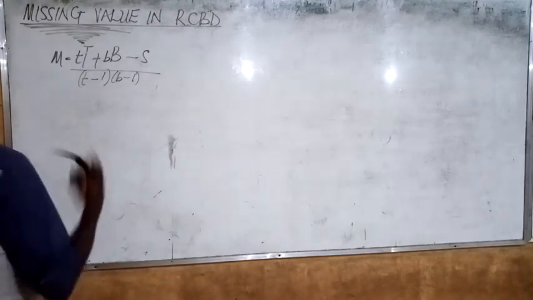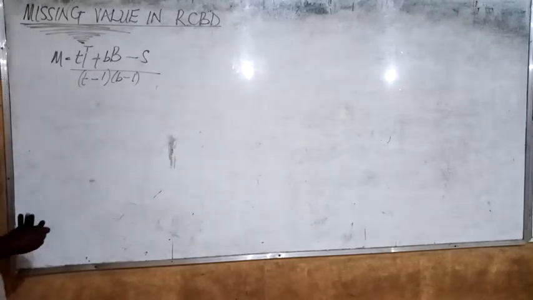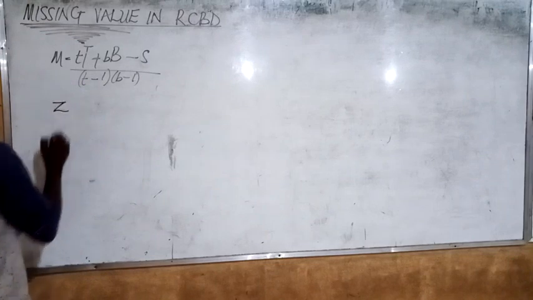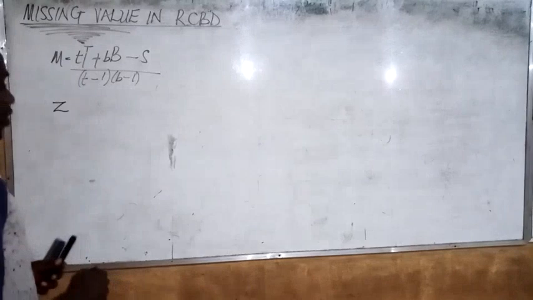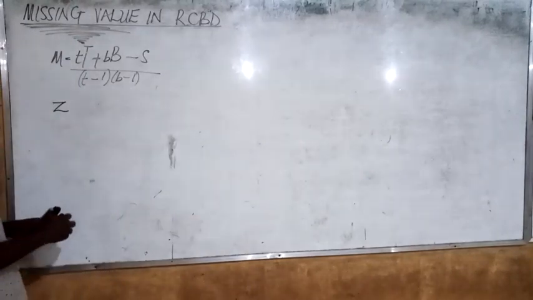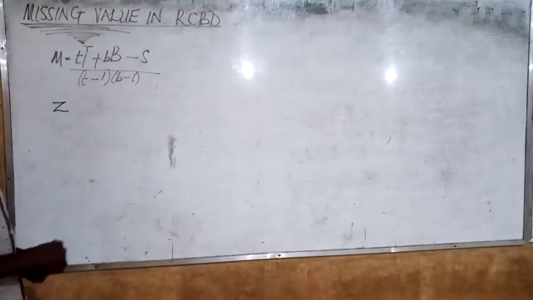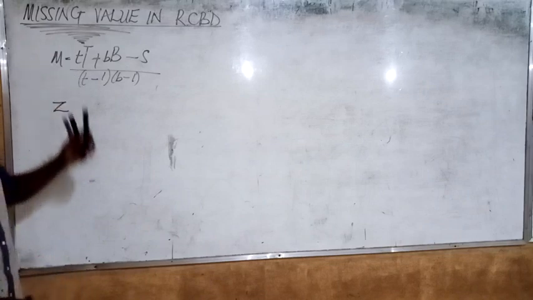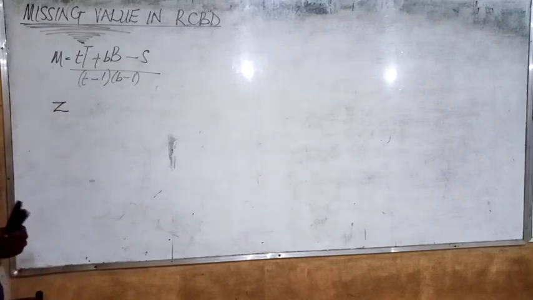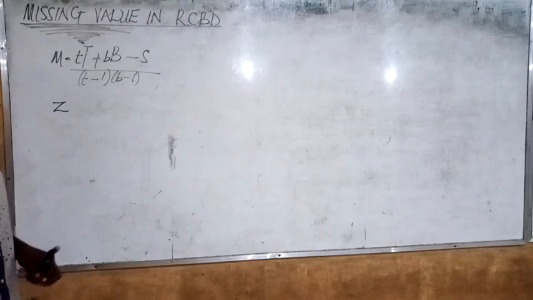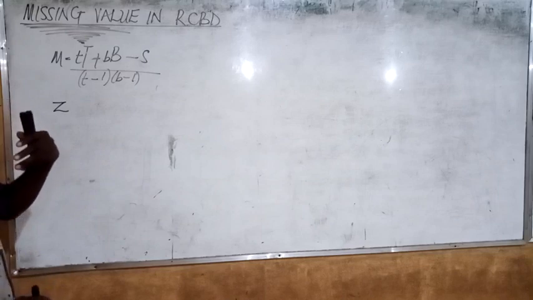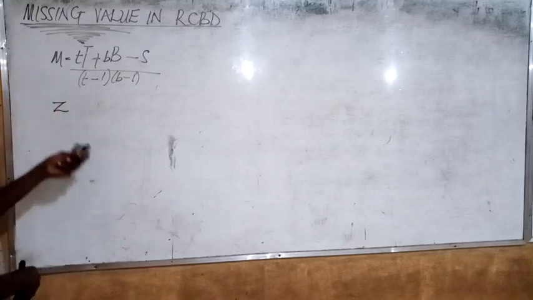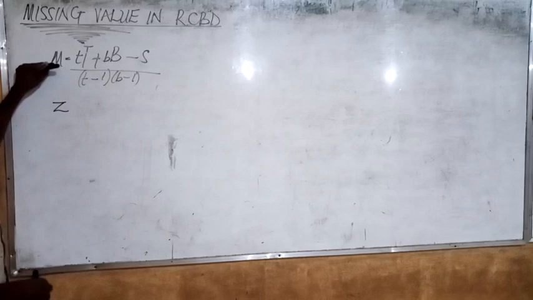Then how do we calculate the correction for bias? It's just called correction for bias. Now we said that it is not possible that we get the exact value that was missing. So we want to correct the possible bias in what we have suggested as the missing value.